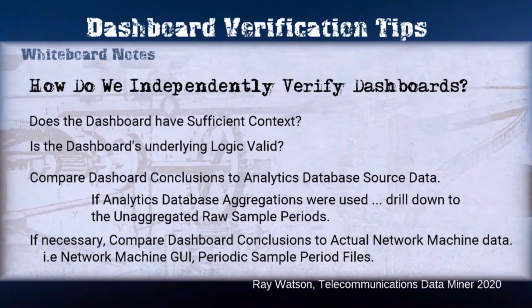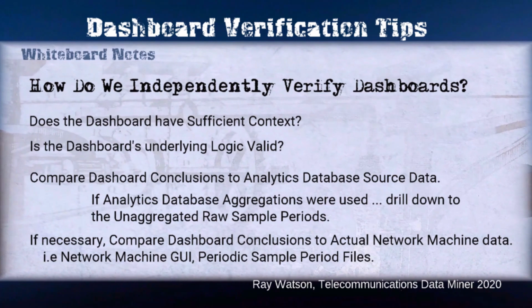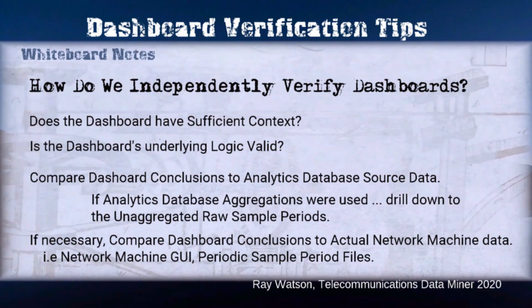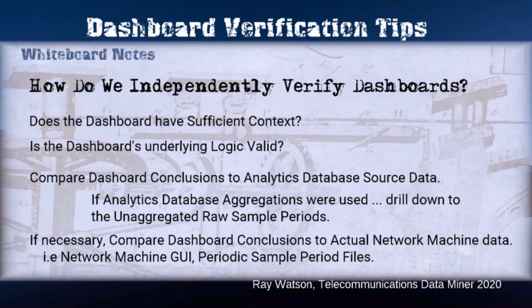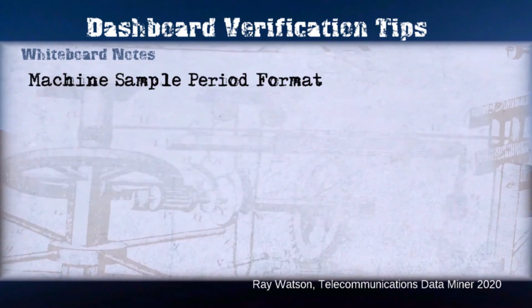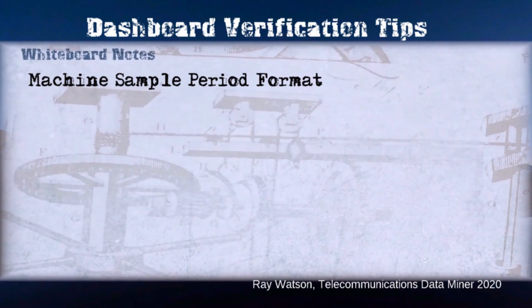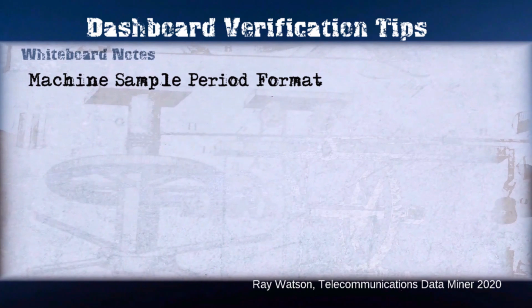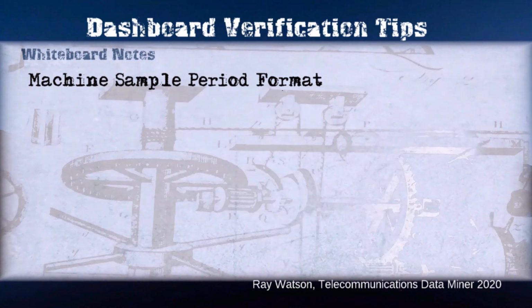However, in some scenarios, we may have to trace back all of the way to the original machine sample period data that was generated and donated by a network machine. Some workflows require sharing examples of machine sample period format.